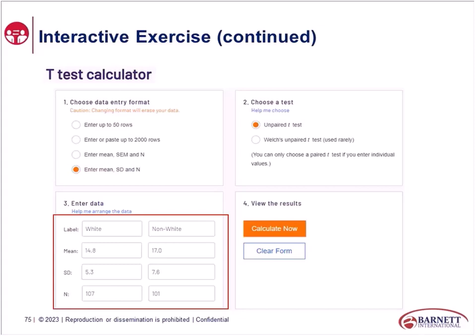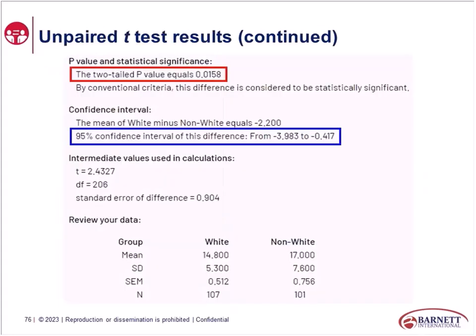I've selected an unpaired t-test, which is for two different groups, and it gives you an answer. It tells you the two-tailed p-value equals 0.015. It tells you it's significant, and also gives you the 95% confidence interval around the difference.